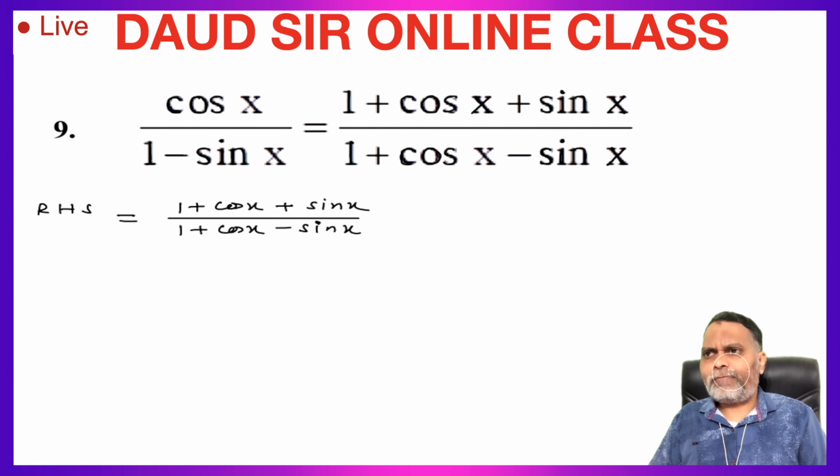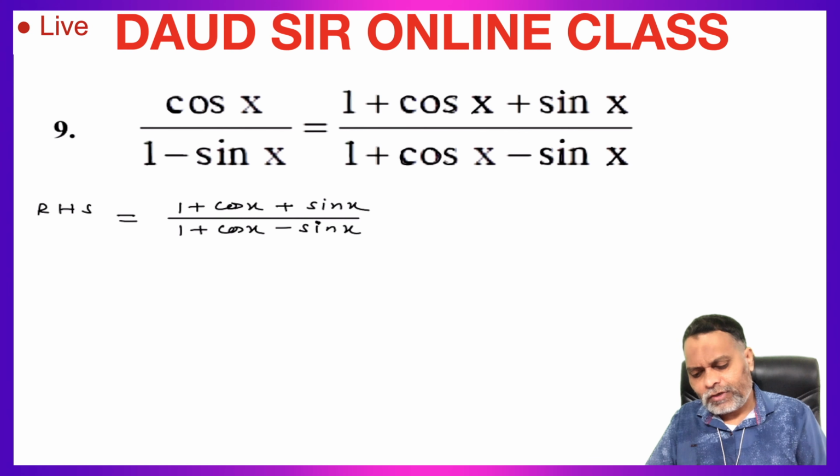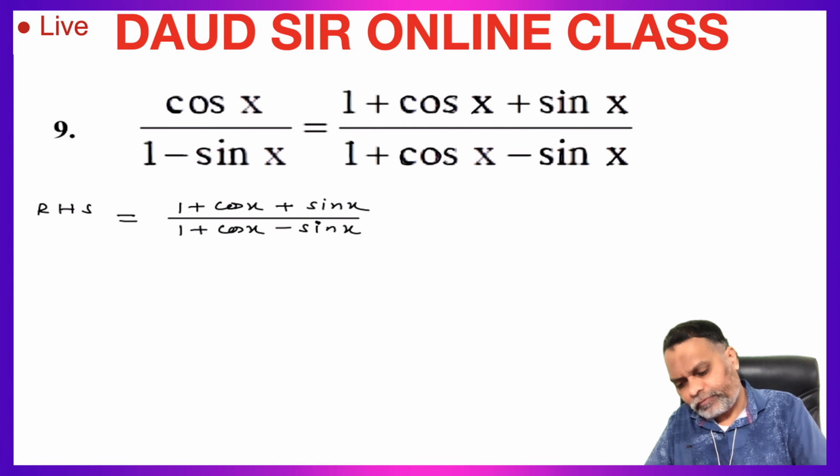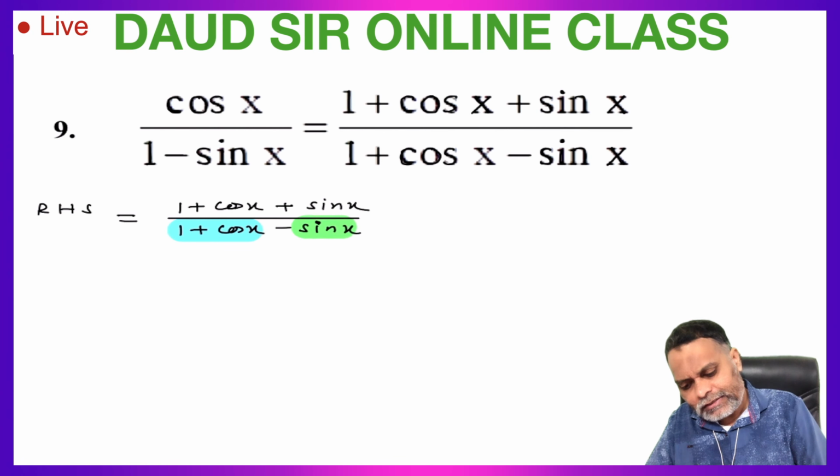So for simplifying this, or for getting the left hand side, we have to rationalize this. For rationalizing, since there are 3 terms, we can make 2 terms. This 1 plus cos x minus sin x.